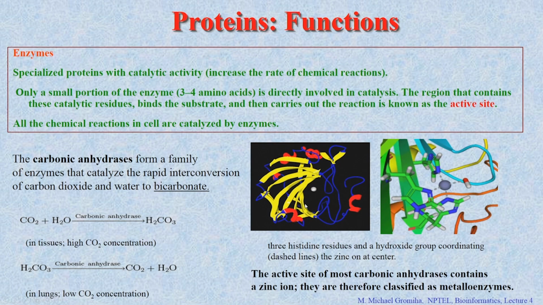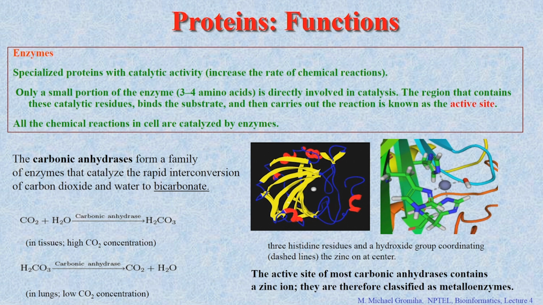Now, globular proteins, fibrous proteins and membrane proteins have different structural and functional roles. I will explain a bit more about the functions of these proteins. One of the most important functions of globular proteins is enzymatic activity. Enzymes are specialized proteins with catalytic activity that increase the rate of a chemical reaction.